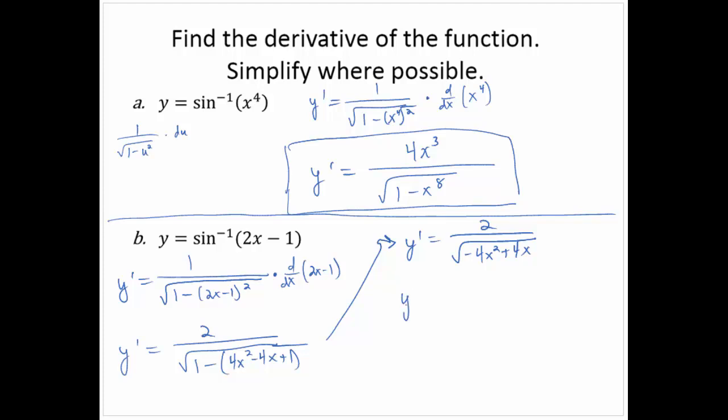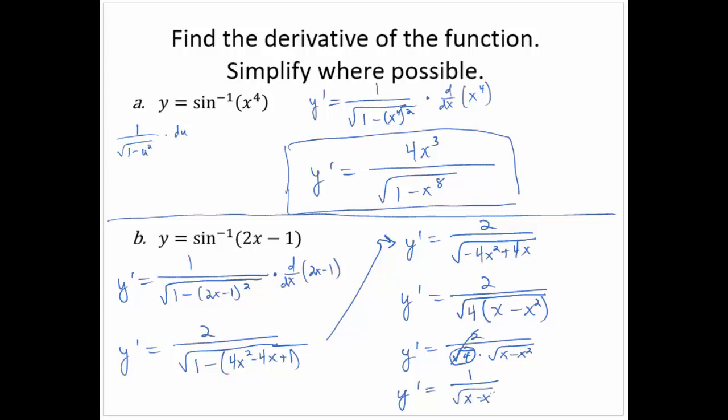So I could write y prime as 2 over the square root of 4 times, switching the order of the terms, x minus x squared. Using algebra again, that's 2 over the square root of 4 times the square root of x minus x squared. The square root of 4 is 2, and that removes the factor from the numerator. So y prime in simplified form is 1 over the square root of x minus x squared.